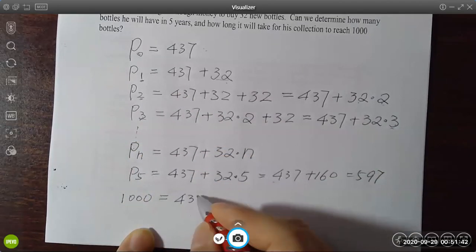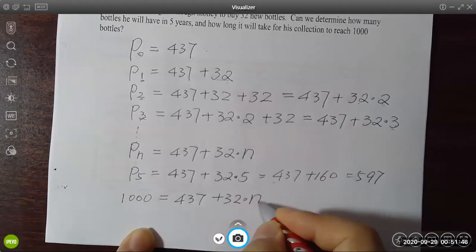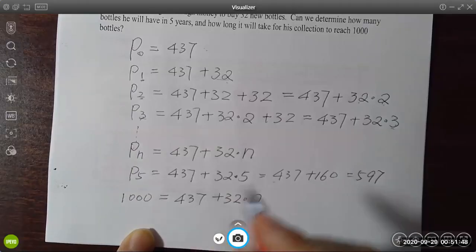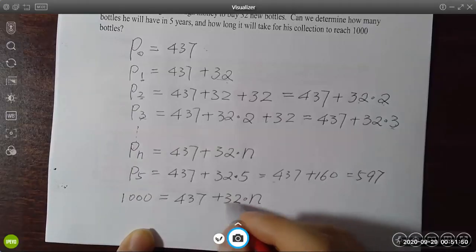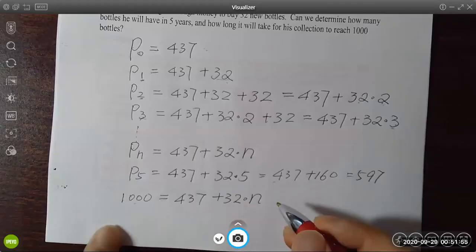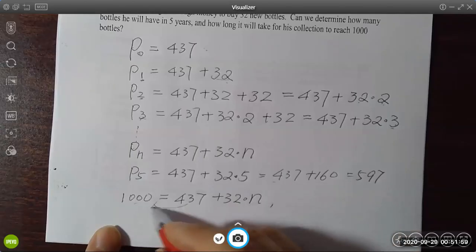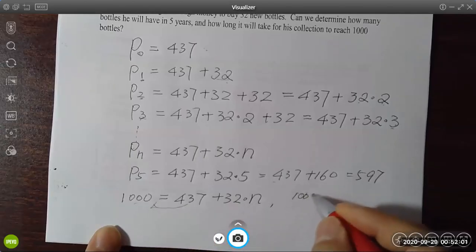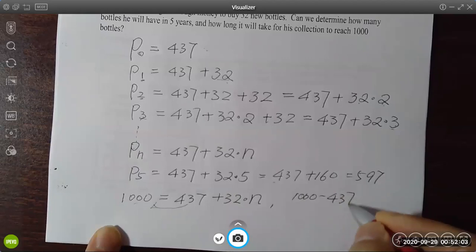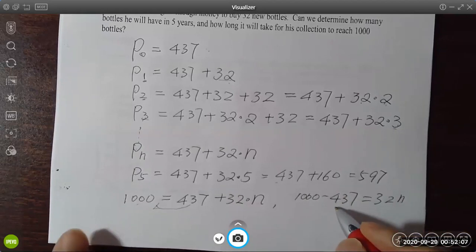So plug in the formula with these numbers, just leave n as n so that we can solve it. Each year, the collection will increase by 32. After n years, it will reach this number. We just need to solve for n. So let's do the calculation. Move this to the left-hand side. So 1,000 minus 437 equals 32n. That's going to be 563.